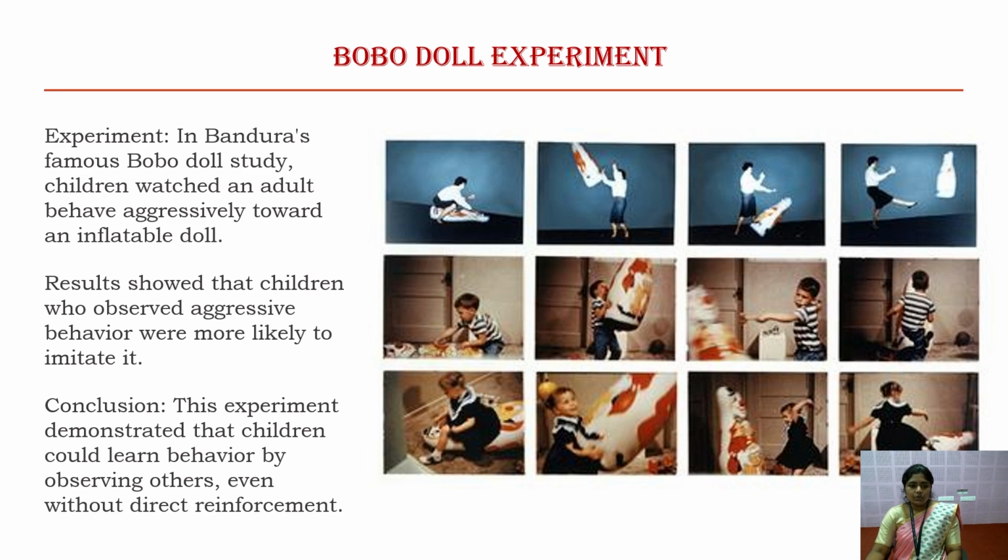The results showed that children who observed aggressive behavior were more likely to imitate it. The conclusion of this experiment is that children could learn behavior by observing others even without direct reinforcement. Even without any sort of reinforcement or punishment, the children imitate the behavior which they see.